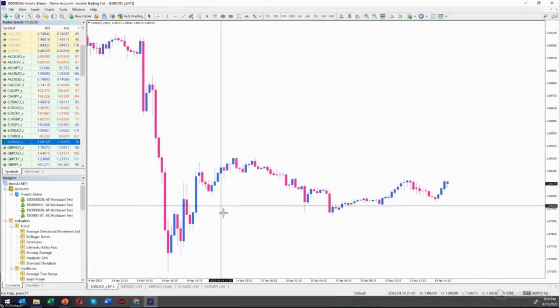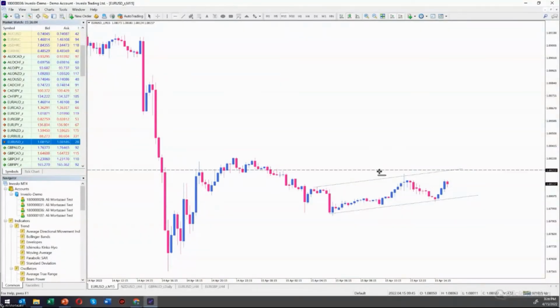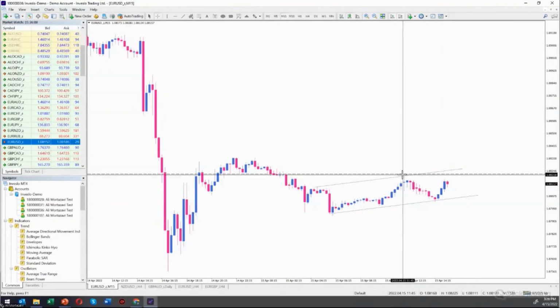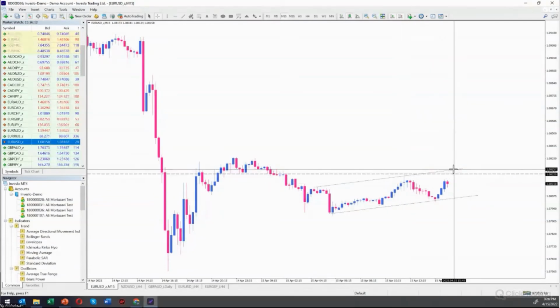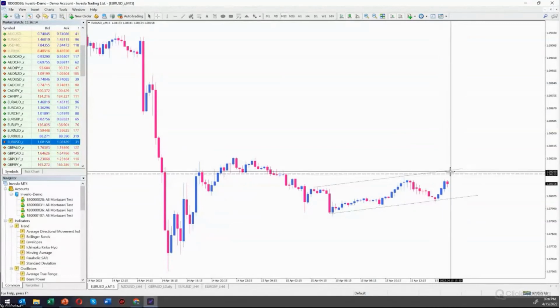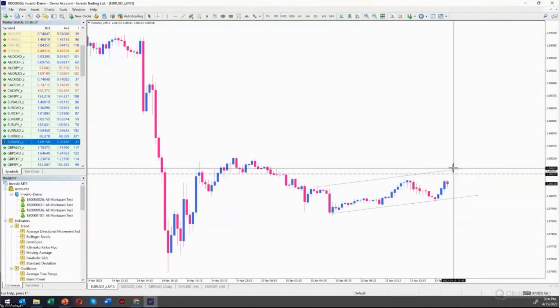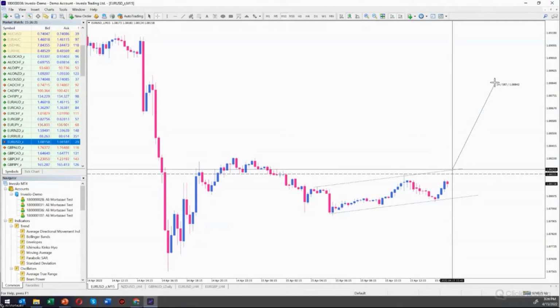But for example, here you can see something like an ascending channel. So you may think if the market goes above this level, the last top in the market, and past this level as well, then there will be a chance to have a probable upside swing, or let's say upward movement.